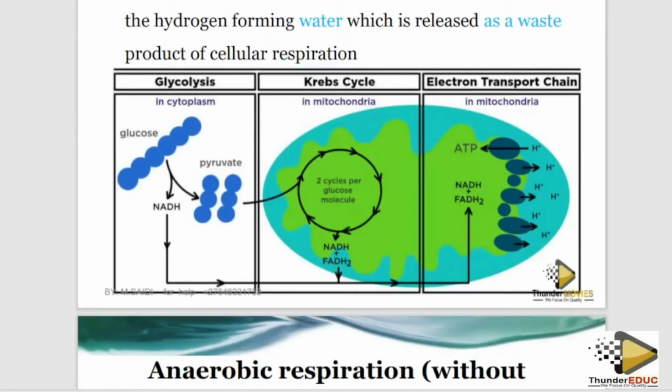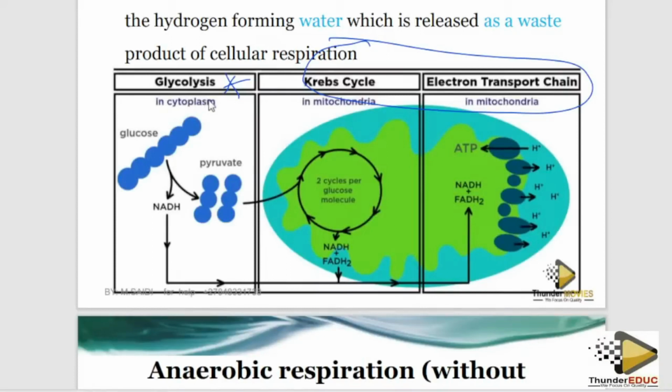Anaerobic respiration requires no oxygen. So when you look at this, where do we use oxygen? We use oxygen in these two phases. Because we use oxygen in these two phases, it means that this phase does not require oxygen.